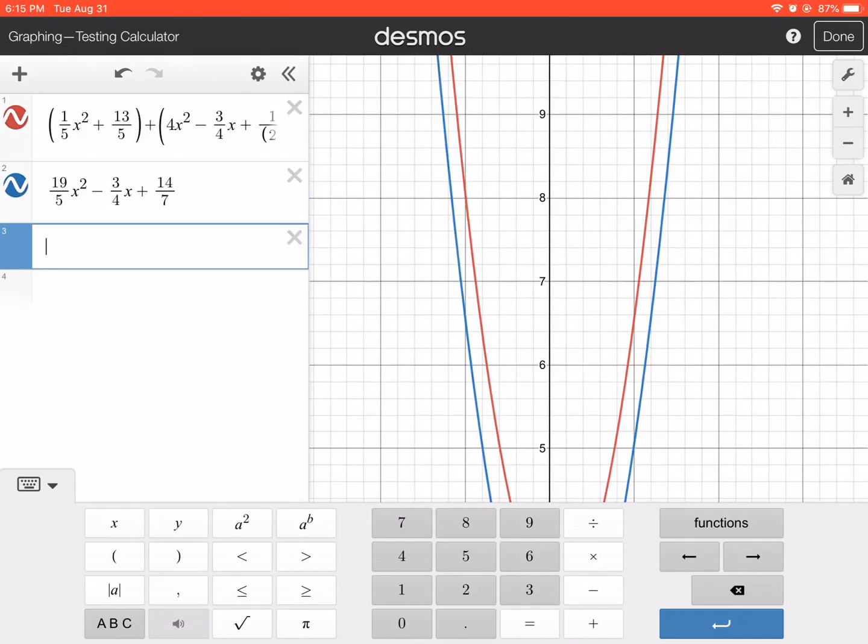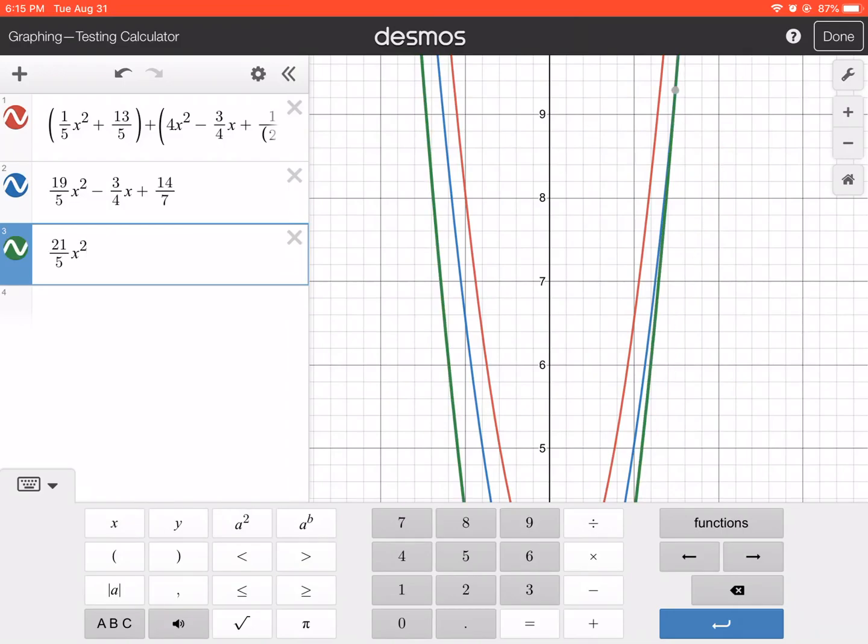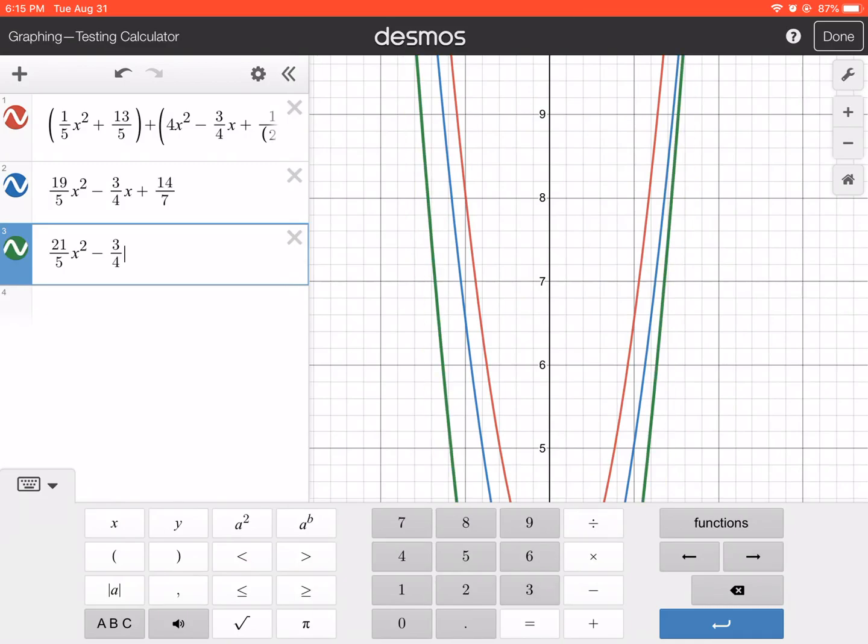Then I'm going to type in my other choice. My second choice was 21 divided by 5, and we move out to the side to do our x squared minus 3/4 x plus 31/10.